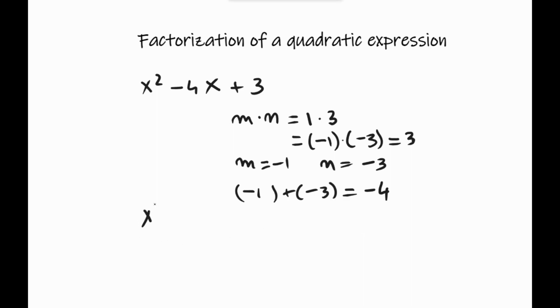Therefore, we will split the second term of our original expression into -x minus 3x plus 3. And we will make as common factor the x in the first two terms and -3 in the last two terms.